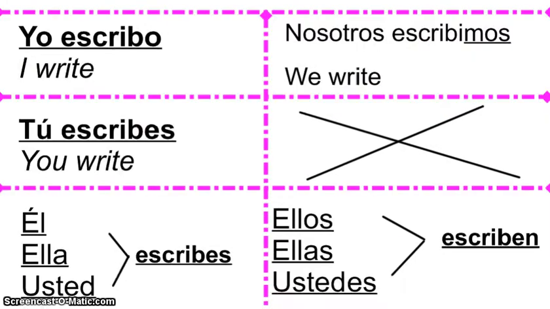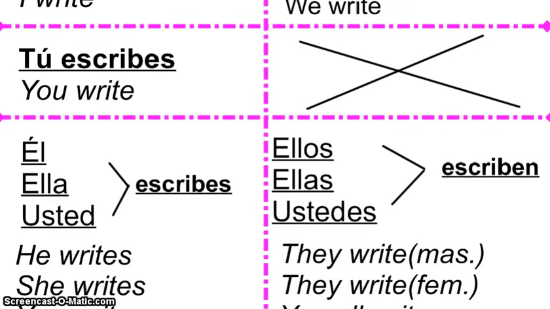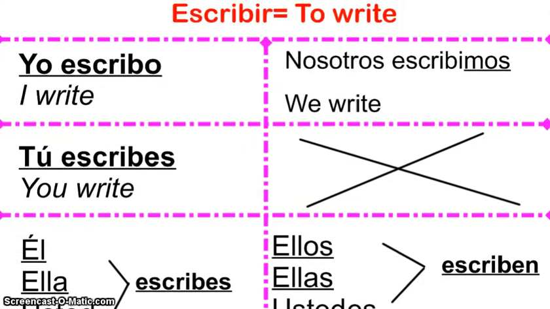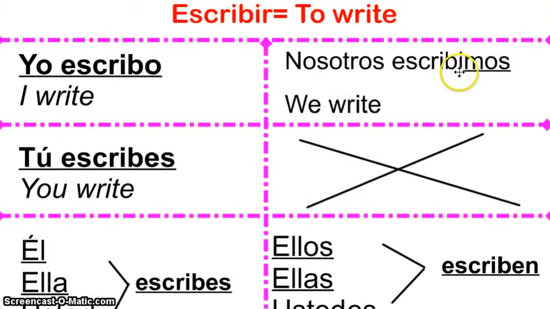And ellos, ellas, ustedes escriben. They write, masculine, feminine, you all write. Now, keep in mind, here it's IMOS, escribimos, for IR verbs.